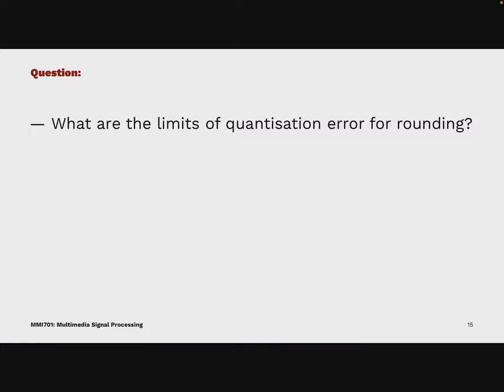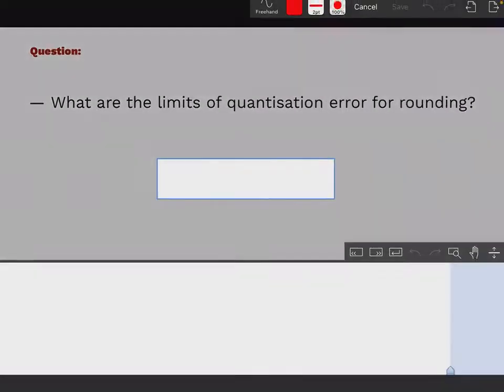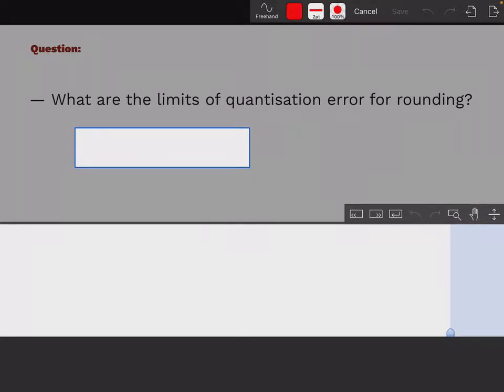Truncation is a slightly different matter, but let's have a look at what errors we induce by quantizing our sample by rounding. I'm hoping that you started to think about how these things work.